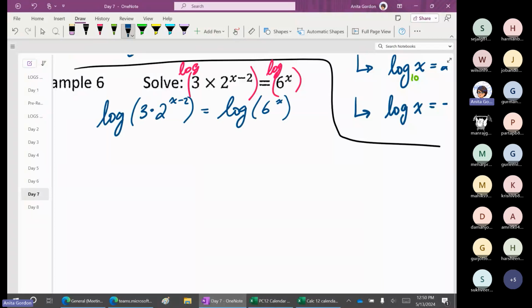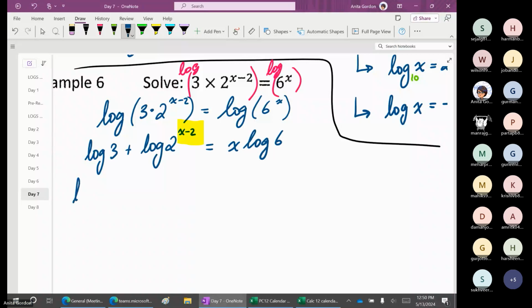I see a multiplication in the first one, so this is log 3 plus log 2 to the x minus 2. On the right, x log 6, right? Because I can take an exponent and make it a coefficient. I'm going to do the same thing with this exponent as well. Log 3 plus (x minus 2) log 2 equals x log 6.